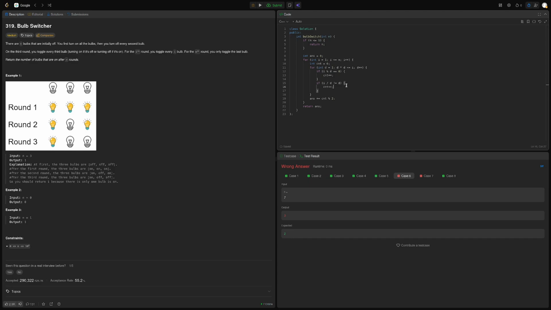So I flip first all of these, then these, then every fourth, so 1 0 0 1 1 1 1, then every fifth and every sixth and every seventh, so that should be 2, and why is the output 3?